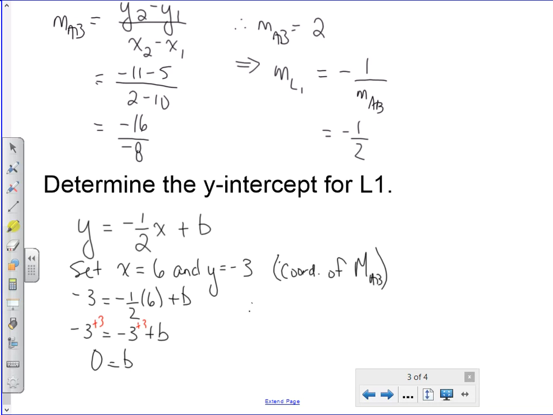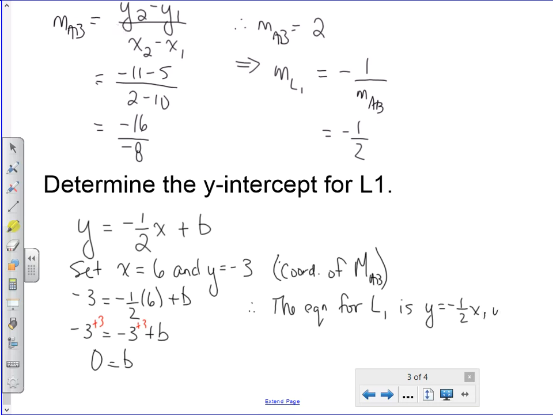So therefore, we can see that the equation for the right bisector, or for line 1, is y equals minus 1/2 of x plus 0, as there is no y-intercept other than 0. So therefore, we can answer the question by saying, yes, it does pass through.